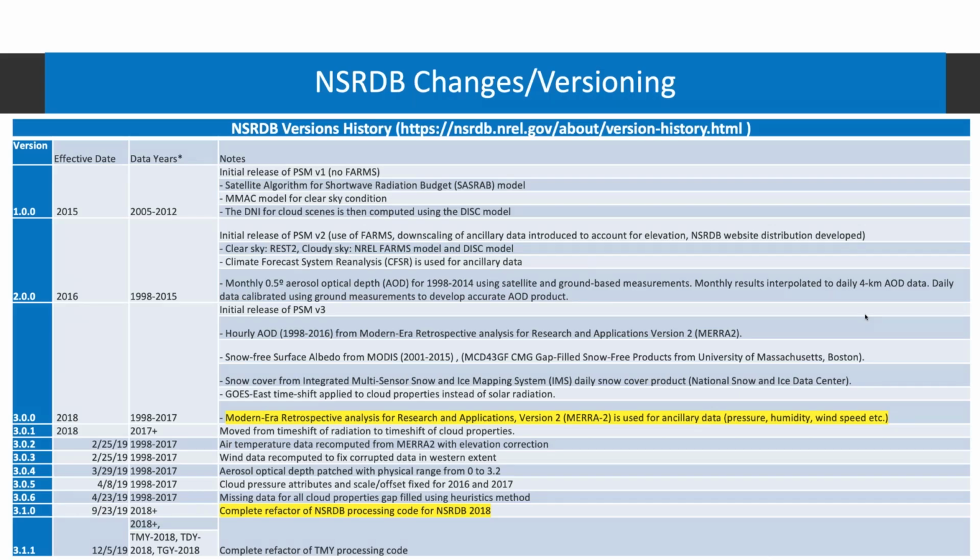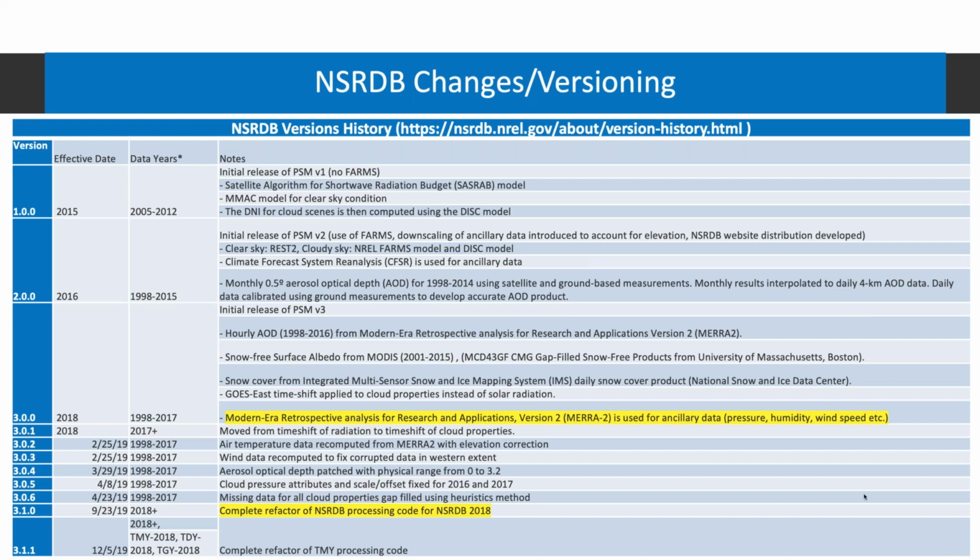The next slide just shows essentially that we moved to a more transparent versioning, and this is available on our website. Just wanted to mention that we started, of course, with model version PSM version 1, 2, and we're at version 3 now.